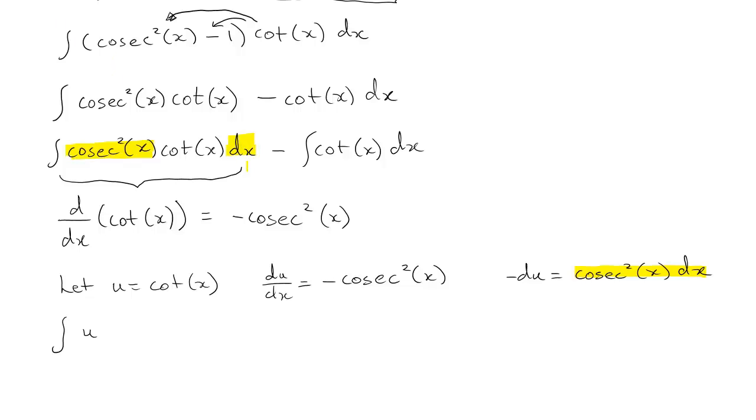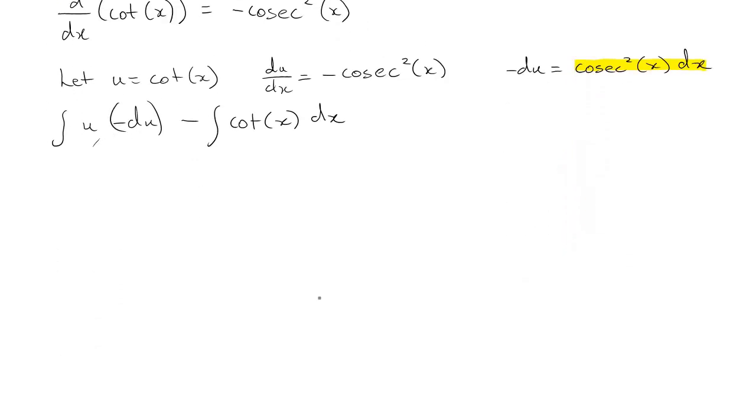So that part of the expression can be replaced by negative du. We place in the minus du, take the u out, and we still have this minus integral of cot x dx part left over.